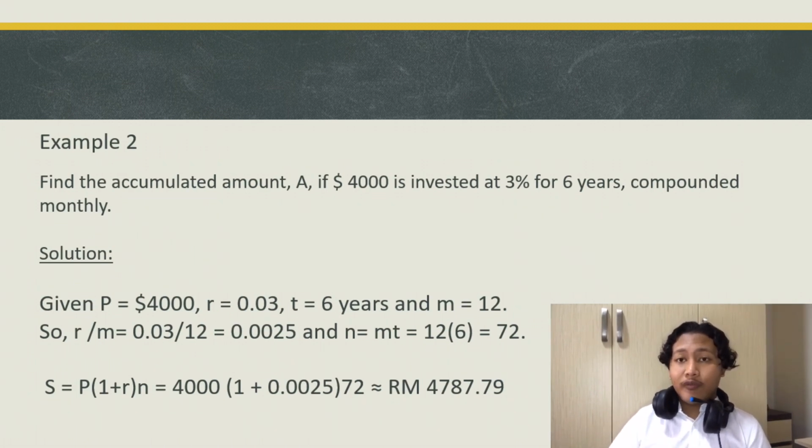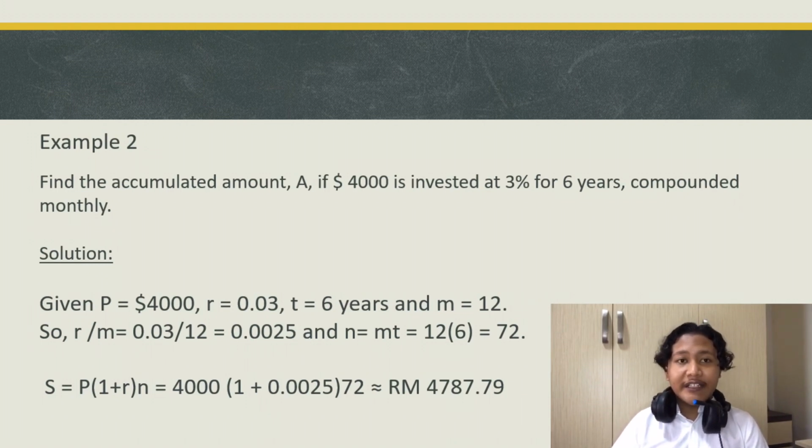First we need to find the items under the future value and put them into the future value formula. P is 4,000 invested in the account, and R is 3% for 6 years. 6 years is the time period, compounded monthly. One year has 12 months, so the interest rate needs to be divided by months.